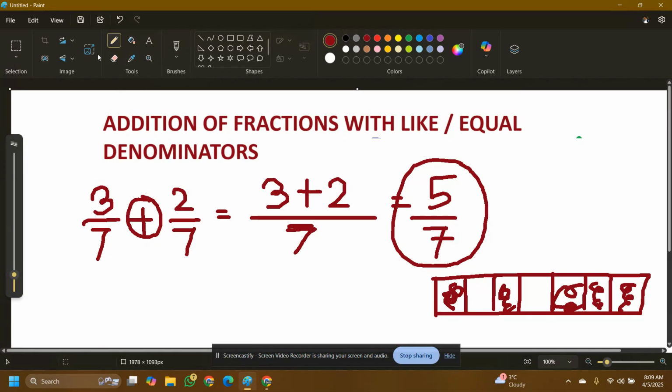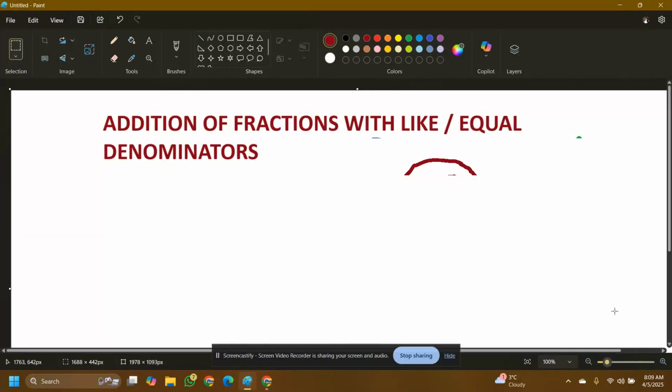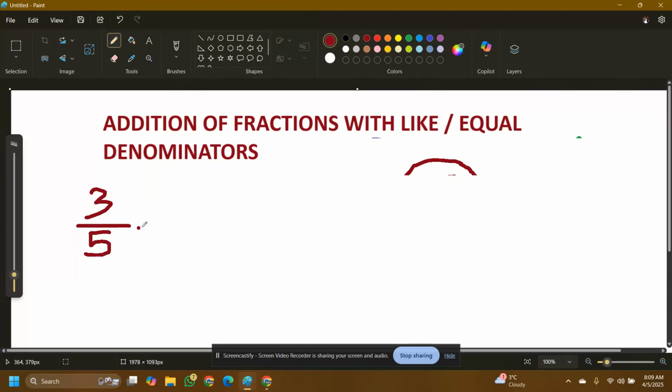I'm going to show you another example of addition with like denominators, and that would be 3/5 plus 2/5. That means there is a candy bar which has got 5 equal parts.